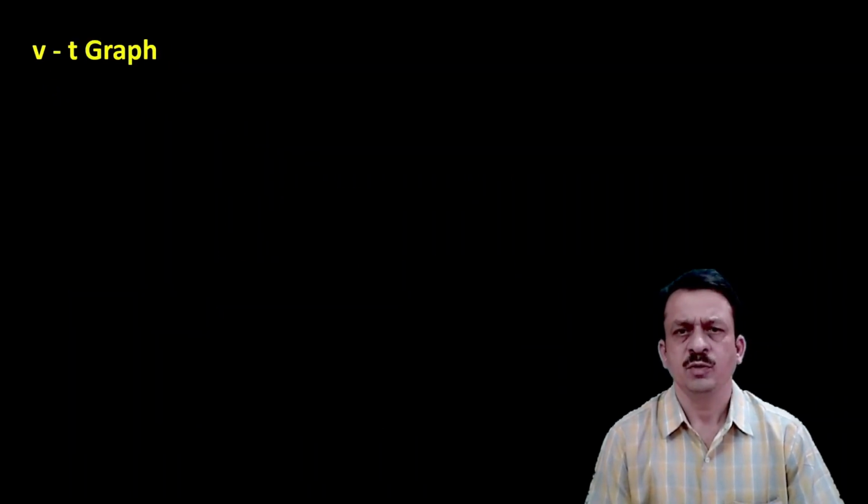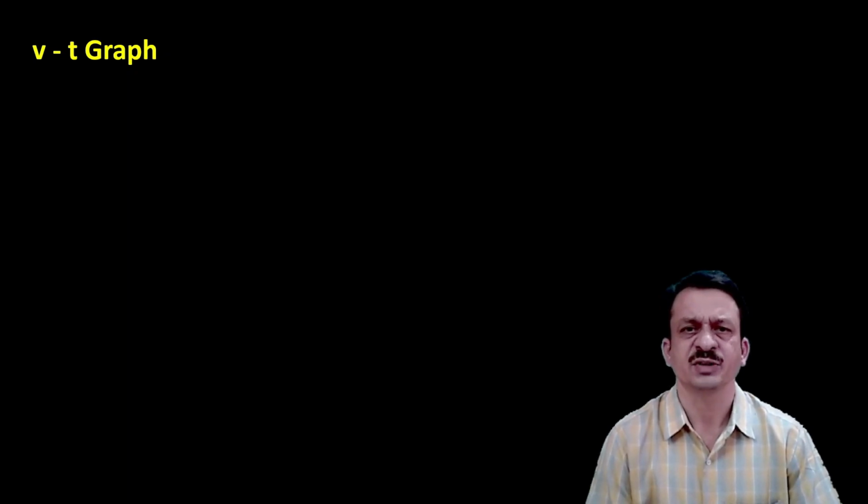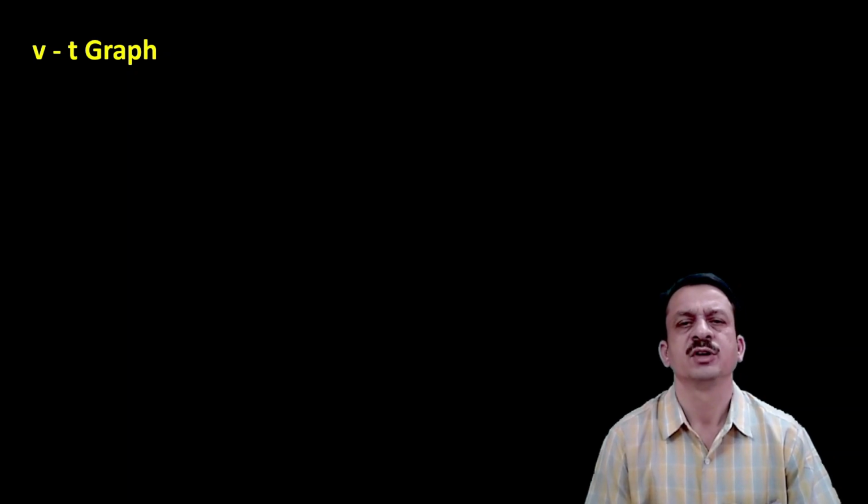Now we will work out how we can calculate the acceleration. For that we are going to use a v-t graph. In the previous classes we have studied the x-t graph, that is position and time graph. So here we are studying the v-t graph. What is a v-t graph? Velocity is taken along the y-axis and time is taken along the x-axis.